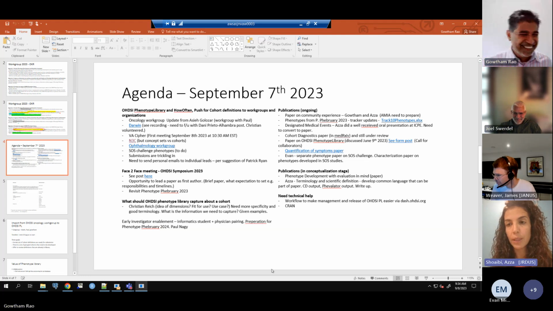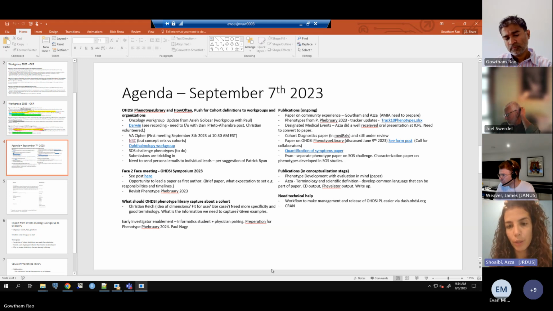But Gowtham, remember, there are two folds. There are the phenotypes that need to reach the phenotype library, which you can give him one day, or anybody can give more days. But you need to make sure that your clinical question of interest gets into the HowOften protocol. And that is something you would need to comment on.